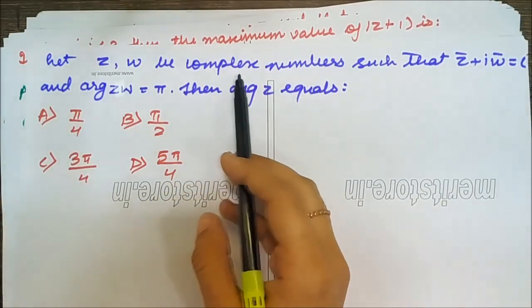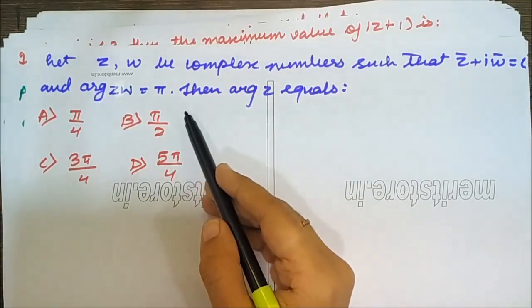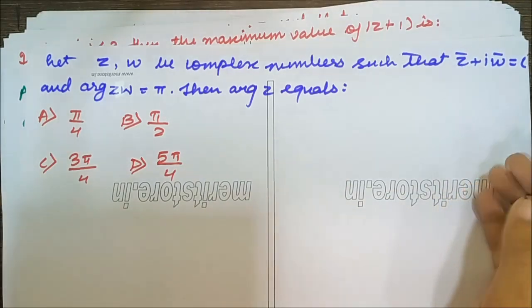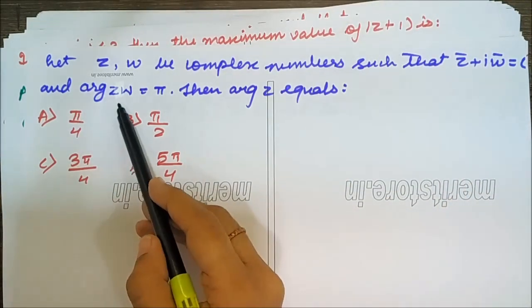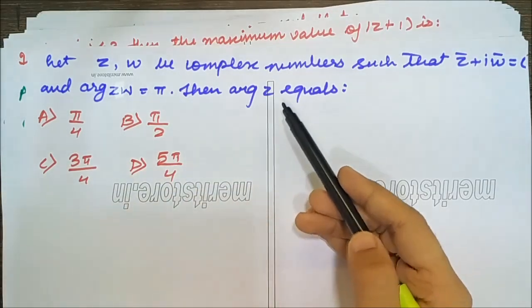Let z and w be complex numbers such that z plus iw is equal to 0 and the argument of zw is equal to pi, then the argument for z is equal to what?